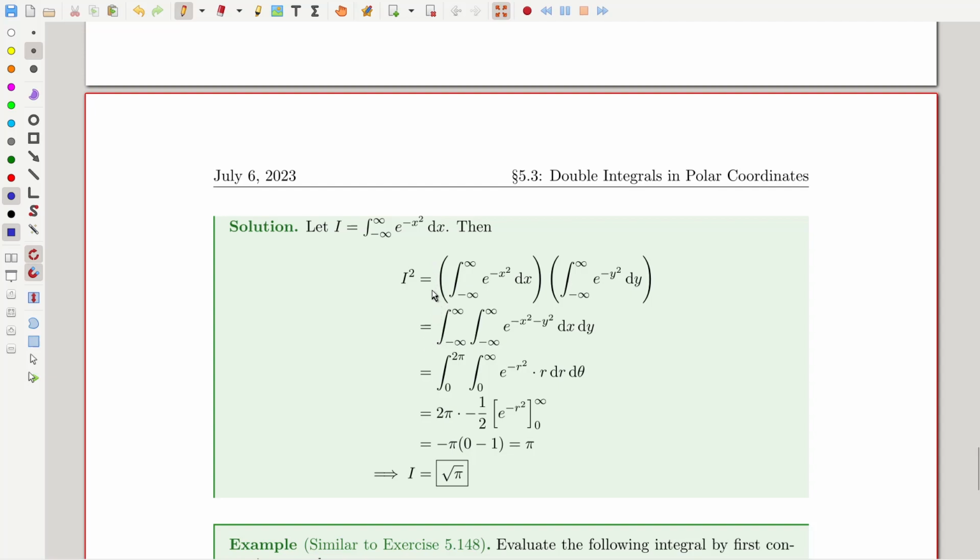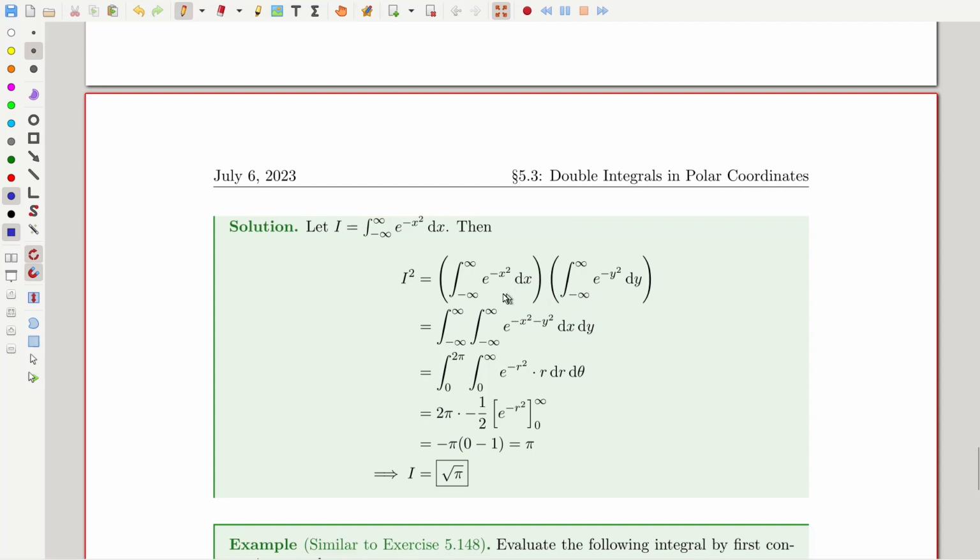There are some technical assumptions allowing us to commute integrals like this, to write a product of integrals as a double integral. It's somewhat equivalent to being able to switch between a product of two infinite sums versus nested sums. But that's a technicality that we gloss over.